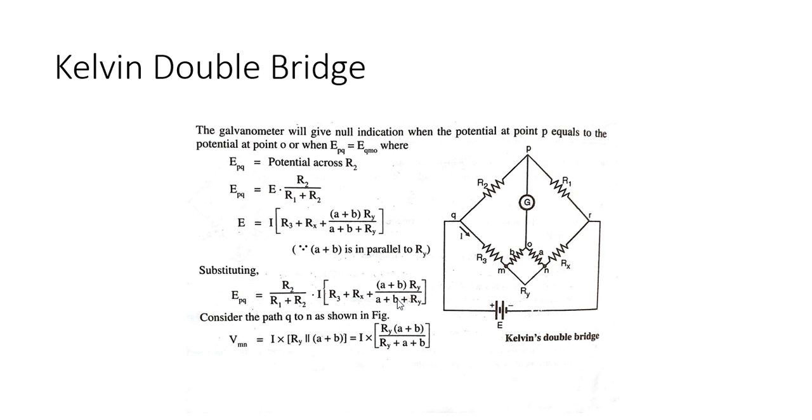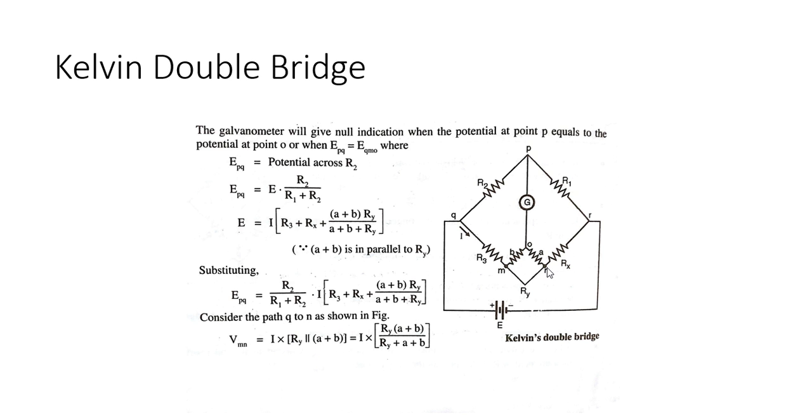Okay, now consider the path Q to N. Please consider this part Q to N here in this figure. Then VMN can be calculated as I into, if you want to calculate VMN and see this path, it will be given by I into Ry parallel to AB.